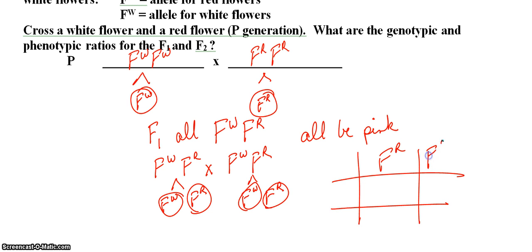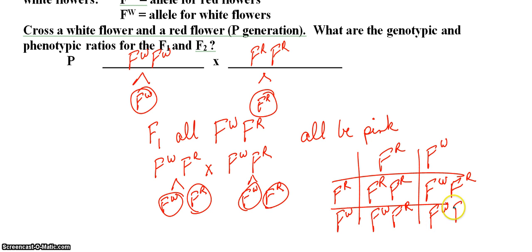Put one parent across the top, one parent sex cells down the side. I've got an FR, or red. I've got an FW, FR for pink, and FW, FR pink, and FW, FW white.